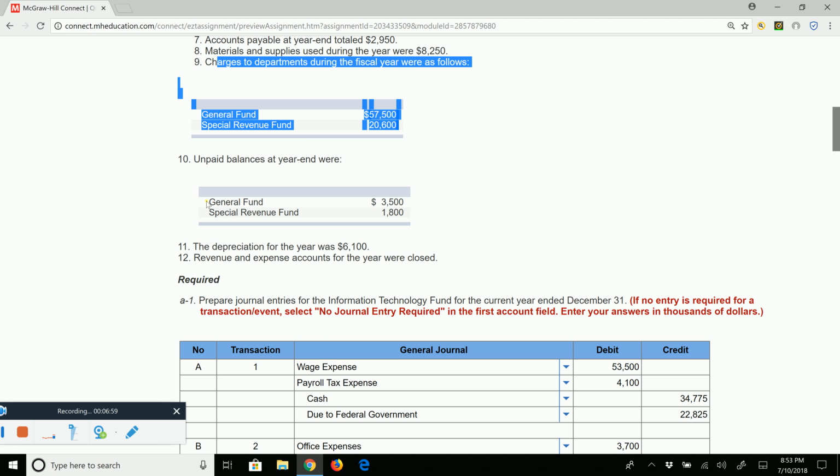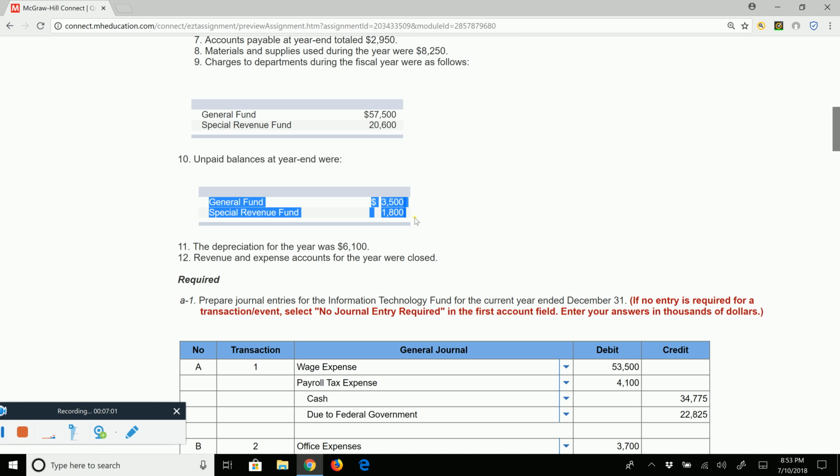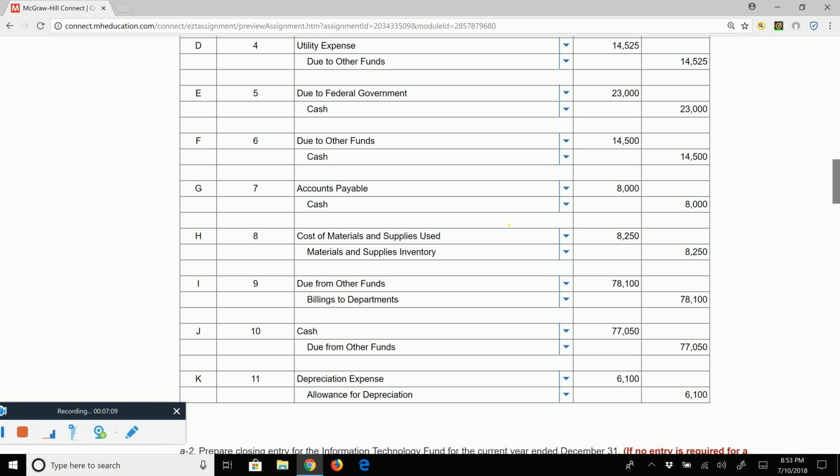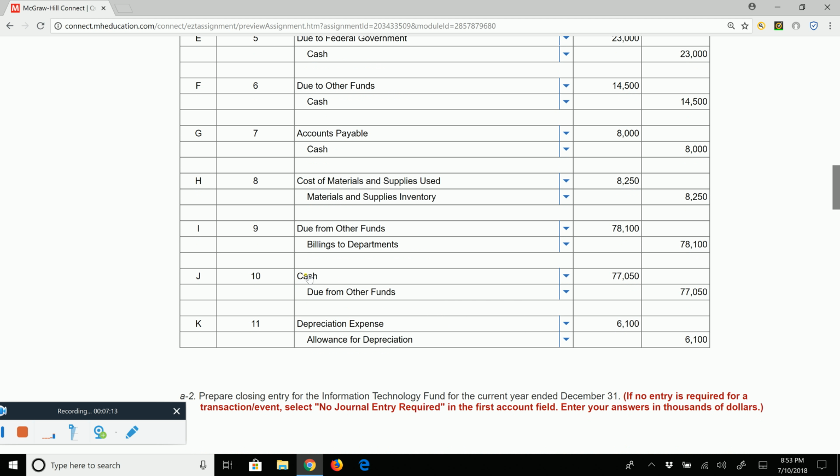And unpaid balances at the end of the year. So the general fund and special revenue fund paid the majority of what we charged them, but there were some leftover balances. So the difference between the two is what those other funds paid us. So we will increase cash, yes, with a debit, and we will credit the receivable due from other funds, basically reducing the receivable.